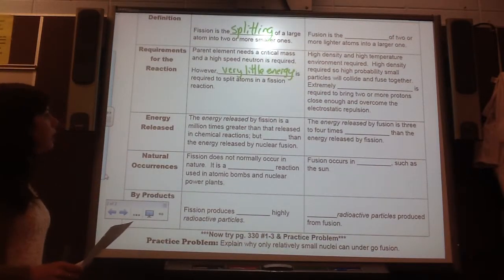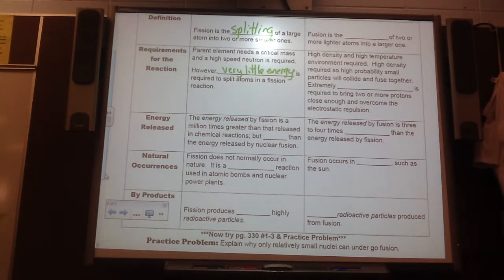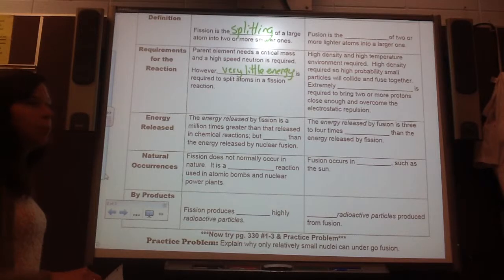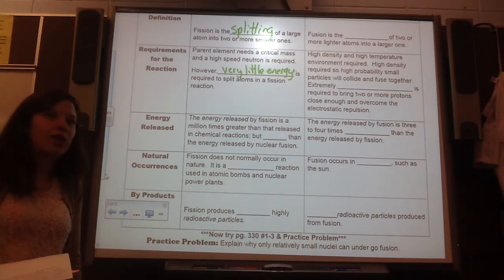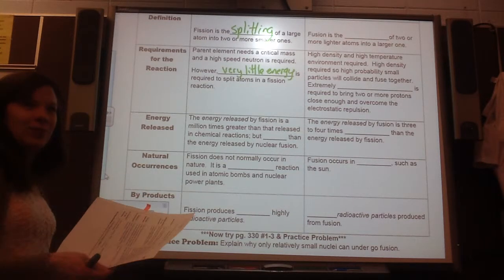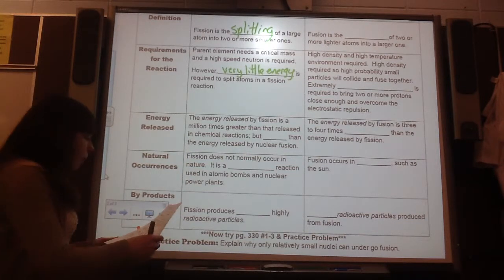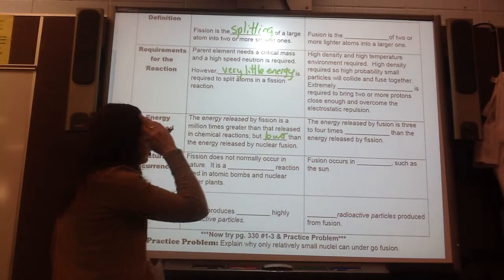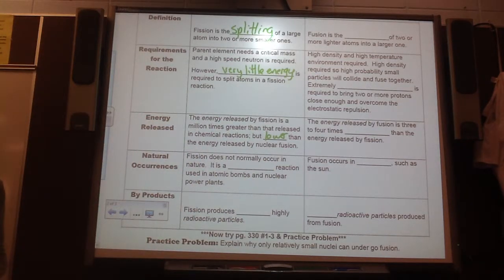Now, the energy released by fission is 1,000,000 times greater than that released in any chemical reaction. So when we're taking apart the atom, a lot of those gamma rays are released, which is an incredible amount of energy compared to just an exothermic reaction, just giving off some heat. Okay, but it is still lower than the energy released by nuclear fusion.